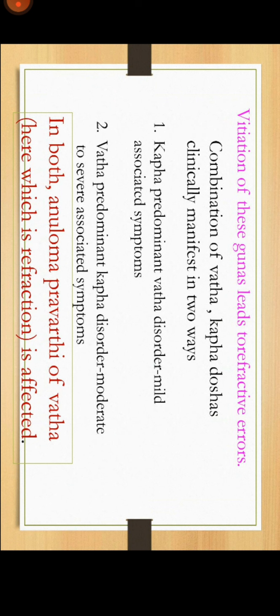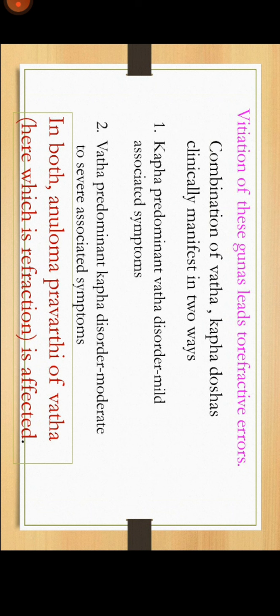The combination of Vata and Kapha doshas is clinically manifested in two ways. Kapha predominant Vata disorder has mild associated symptoms, but Vata predominant Kapha disorder has moderate to severe associated symptoms.